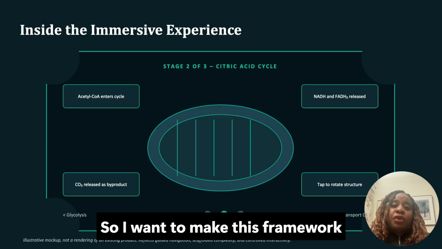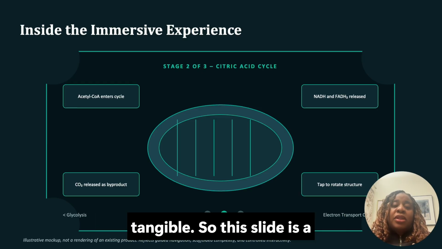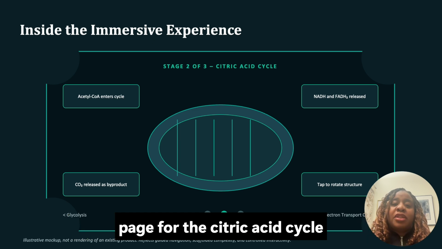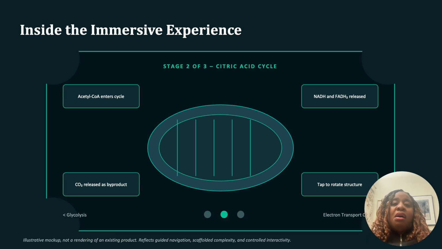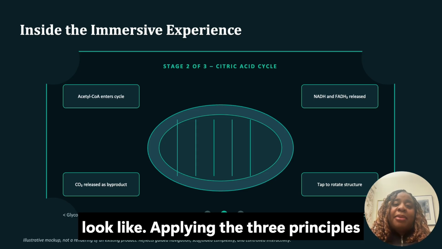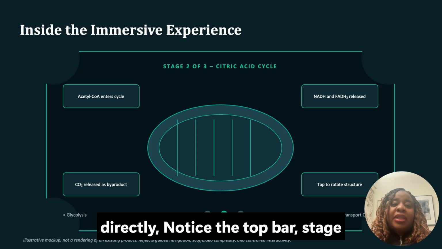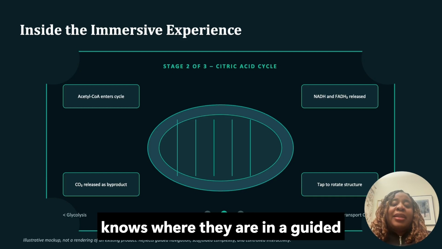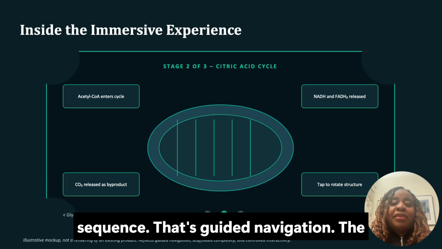So I want to make this framework tangible. This slide is a mock-up of what an immersive experience page for the citric acid cycle of cellular respiration might actually look like. Applying the 3 principles directly, notice the top bar, stage 2 of 3. So the student already knows where they are in a guided sequence. That's guided navigation.